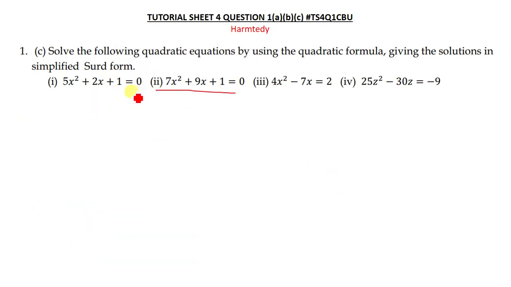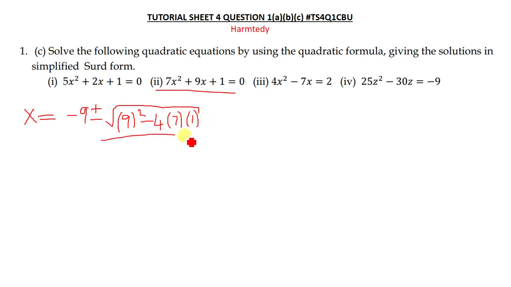So for this one, we also follow the same format. So we have our x being equal to negative b, which will be negative 9, plus or minus the square root of 9 squared. So 9 squared is 81, then minus 4. Our a is 7, then our c is 1, then everything divided by 2a.